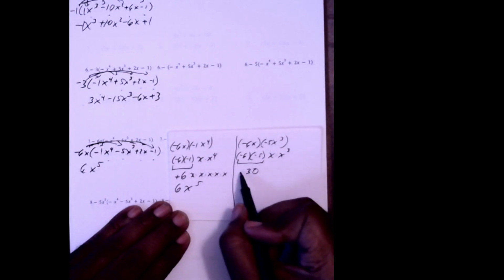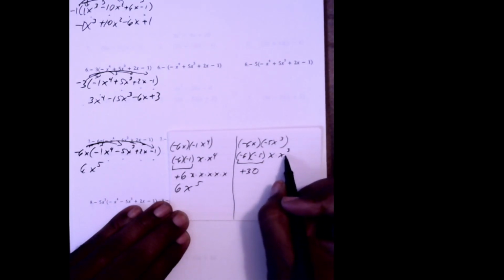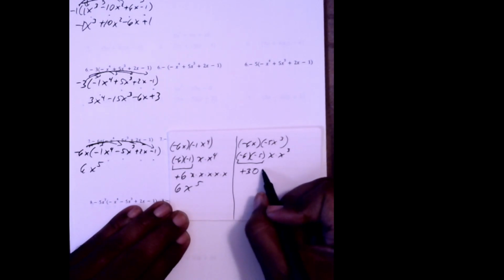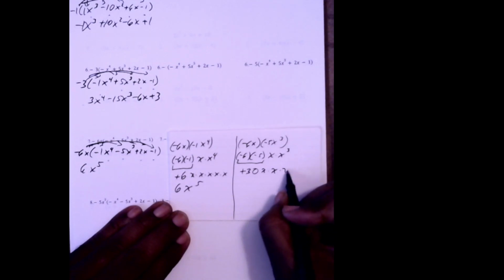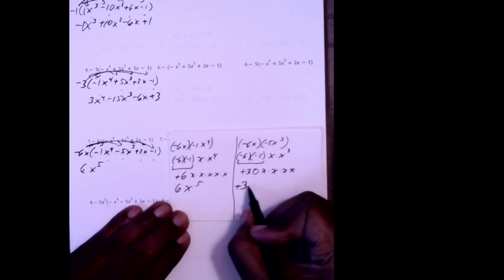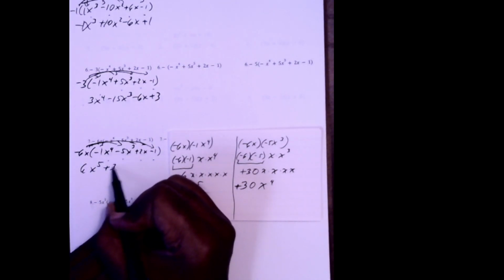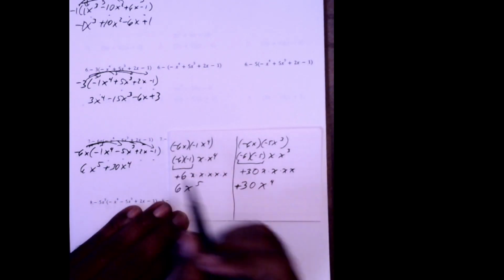You multiply 2 negatives, you get positive. And then the x times x cubed is really a total of 4 x's. So this will be positive 30x to the fourth power. So plus 30x to the fourth.